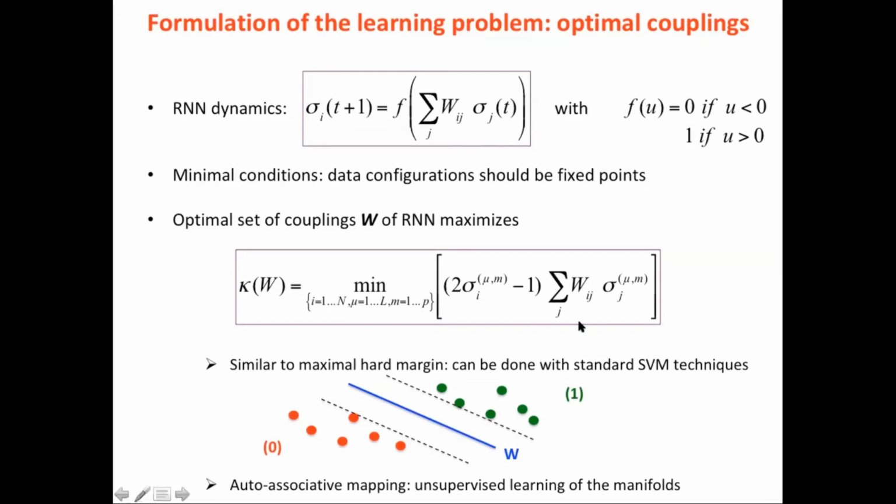I'm not going to explain this in detail, but what you can see here is that, for fixed i, you have a sum over j of w_ij sigma_j. So you can see w_i as a vector. It's a dot product between the vector w_i and the vector of activity sigma_j, where you take all neurons but neuron i.